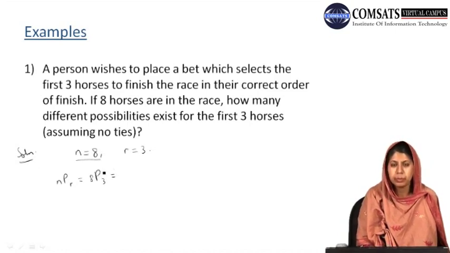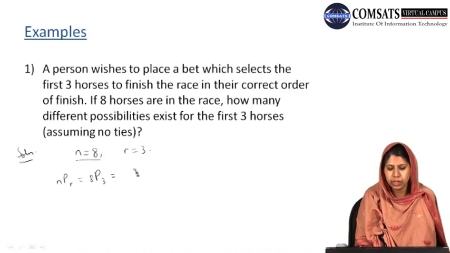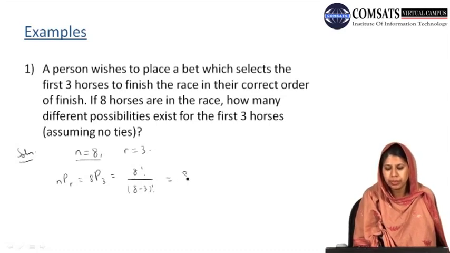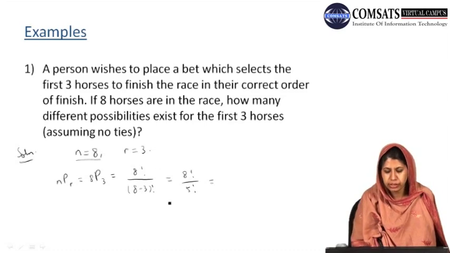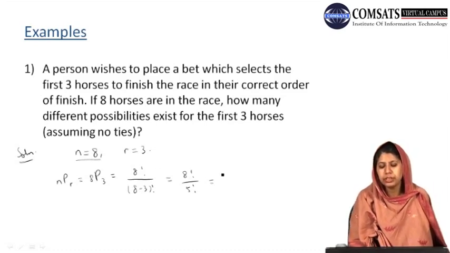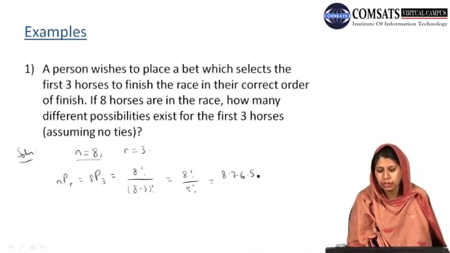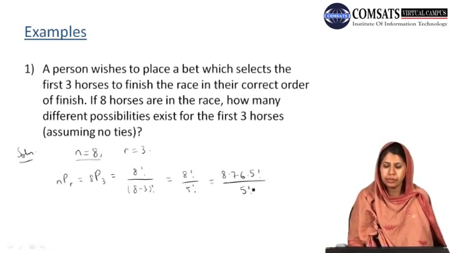8P3, and simply by putting the values in our formula, which is 8 factorial divided by 8 minus 3 factorial, which is 8 factorial divided by 5 factorial. Now 8 factorial can be written as 8 into 7 into 6 into 5 factorial, if we open the factorial and stop at 5 factorial, divided by 5 factorial.